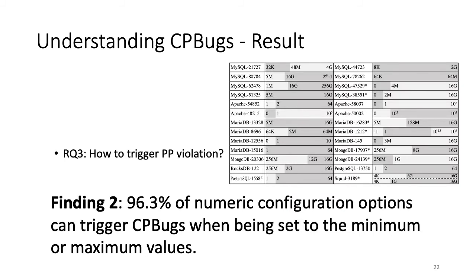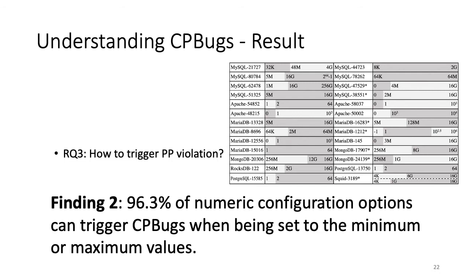For the third research question, we want to figure out what values of configuration options can trigger CP bugs. Configuration options can be Boolean, enumerate, and numeric. Boolean and enumerate options have limited values, so we can iterate their values to find CP bugs.